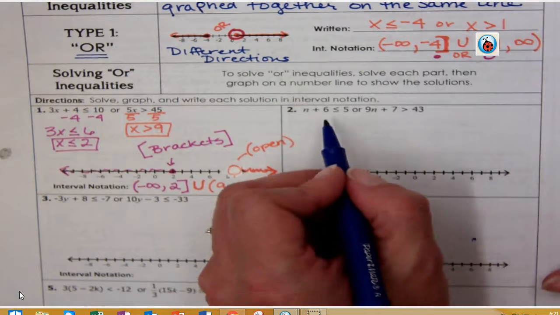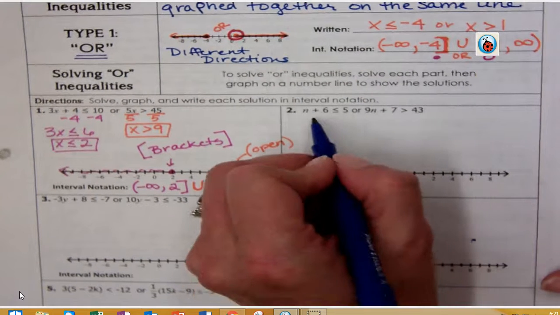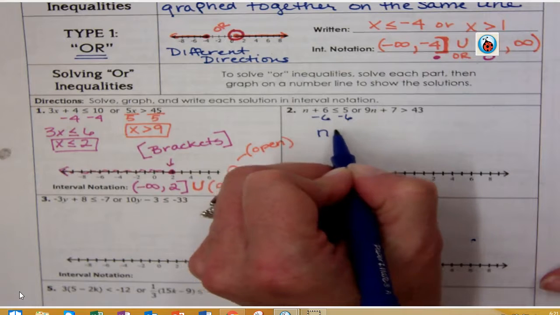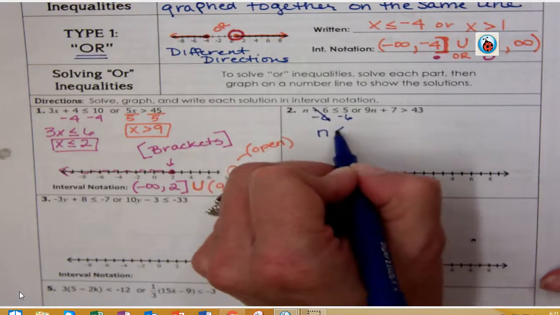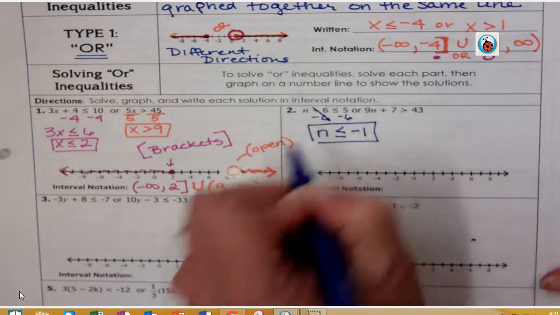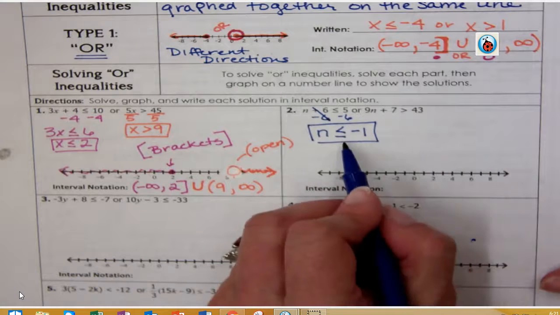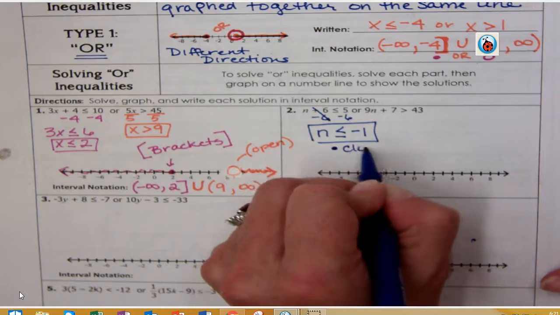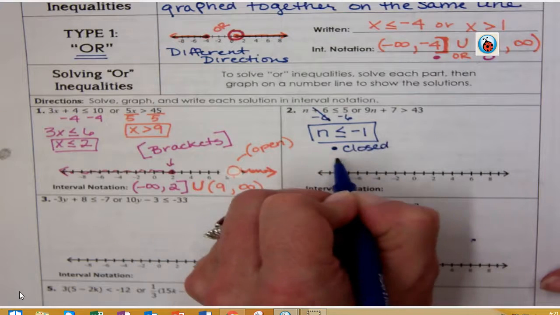Moving on. We're going to solve this: subtract 6 from both sides, and these cancel each other out, leaving -1. We're going to use a closed dot, and a closed dot means brackets.